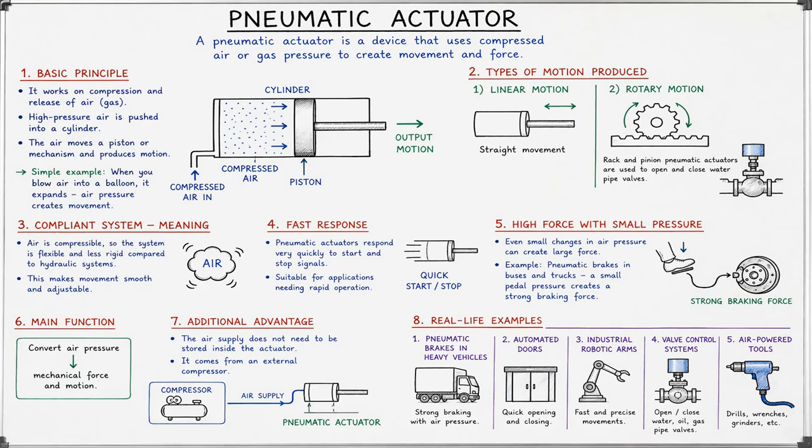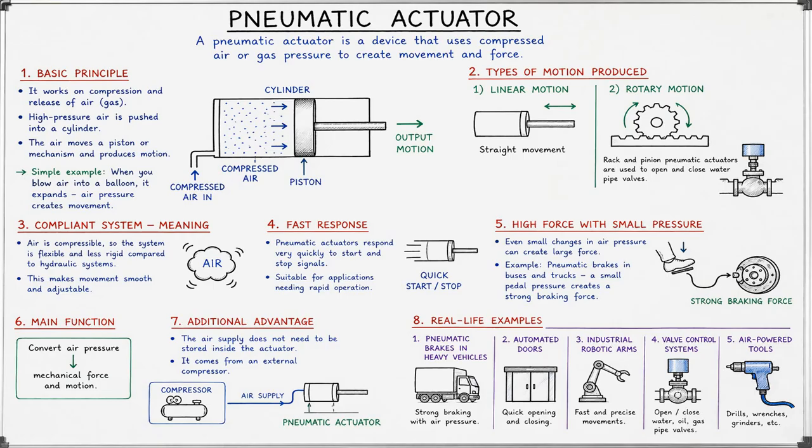For example, you have pneumatic brakes in buses and trucks. You'll have a small pedal which will create a pressure, and thus it will make a strong braking force. This small pedal will create the pressure, which in turn will give a strong braking force.